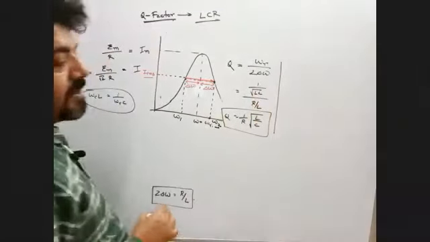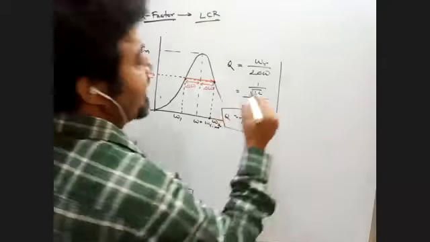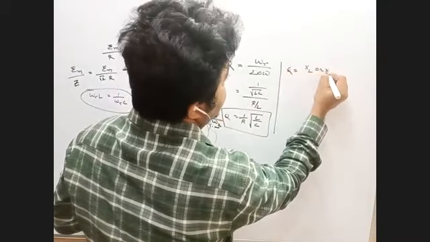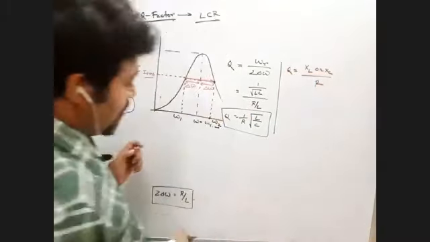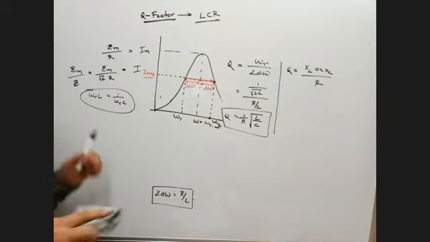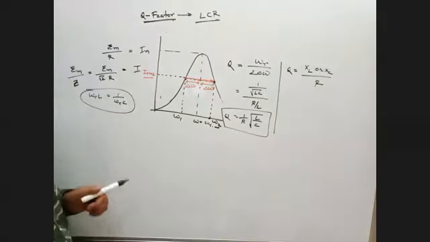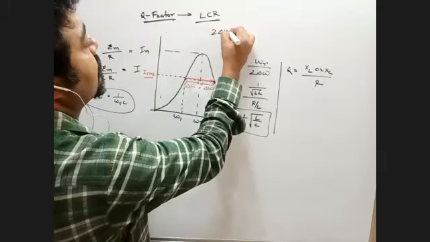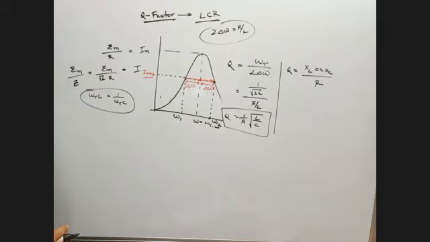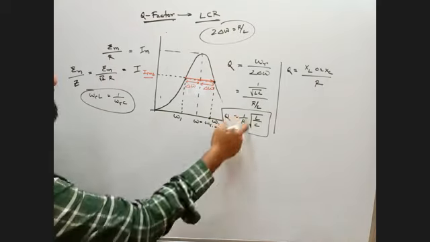The first one. Second one, as I already mentioned, Q is equal to XL or XC by R. On that basis, we already know R by L. So how does Q equal to XL or XC by R give 1 by R root under L by C?